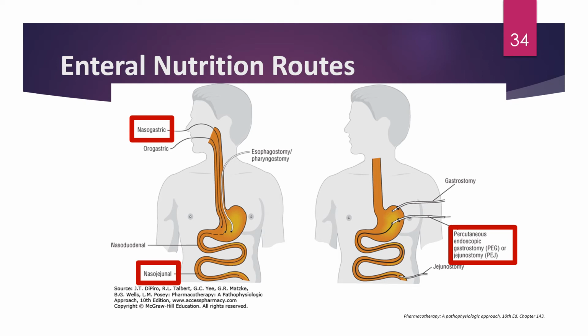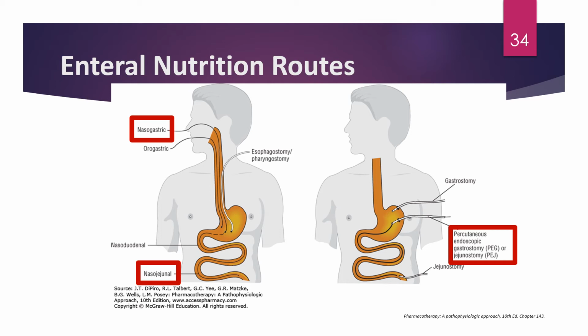So what we actually do a lot of times in our patients who need nutrition long-term, for 2 weeks or longer, via tube feeding, is install a percutaneous endoscopic gastrostomy or a jejunostomy. This is done surgically, so keep in mind that we don't do this immediately for patients. We typically wait because it is a surgical procedure and the patient is put under anesthesia for the installation of these tubes. So we do want to keep that in the back of our mind.